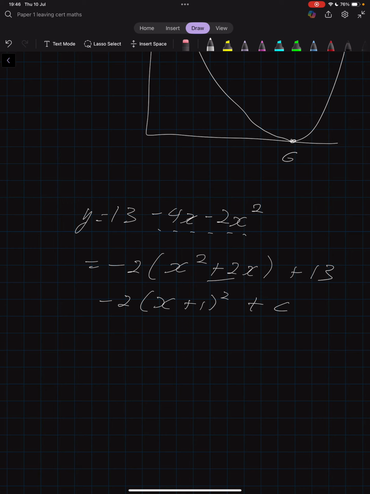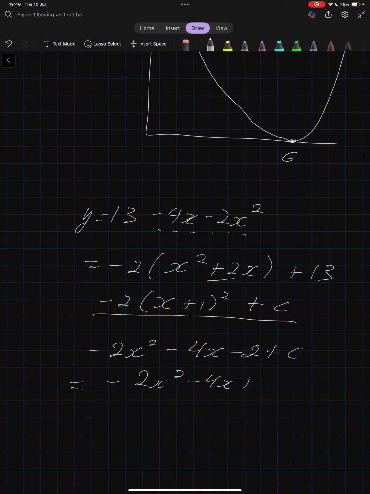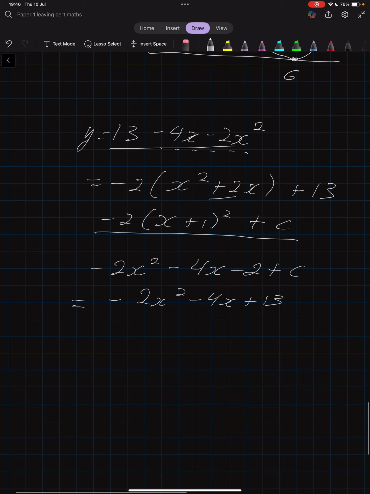Now, you multiply this bottom thing out. So you get minus 2x squared minus 4x minus 2 plus c, and that has to be equal to minus 2x squared minus 4x plus 13. So again, this cancels with this, cancels with this.